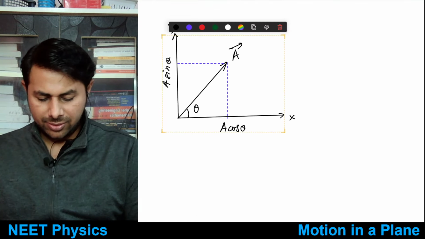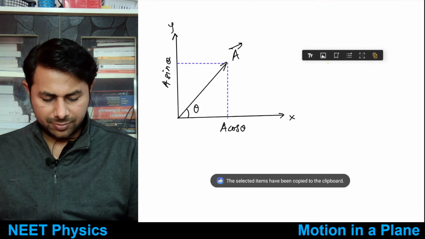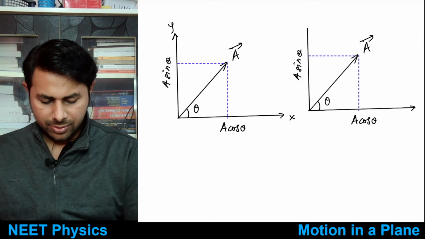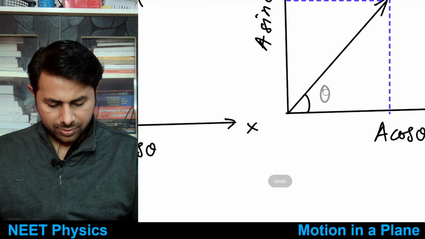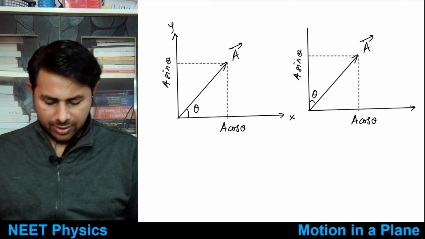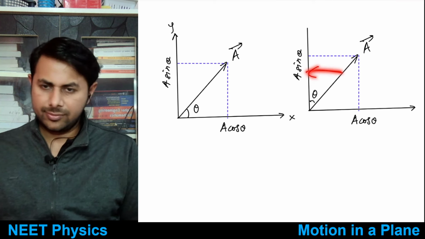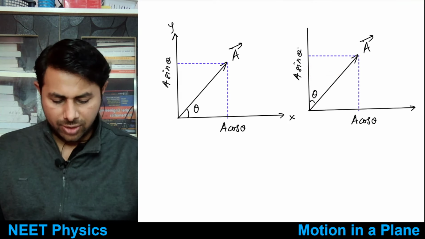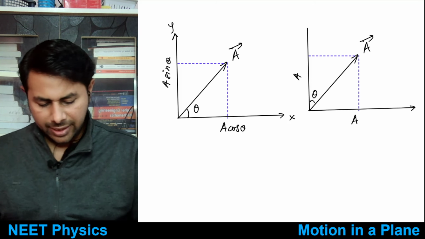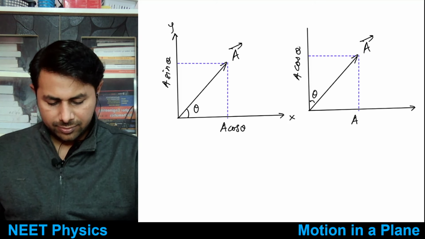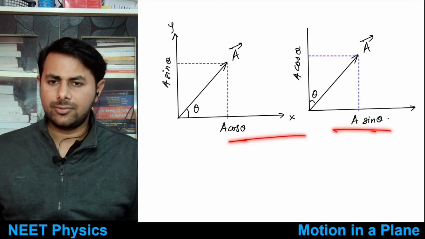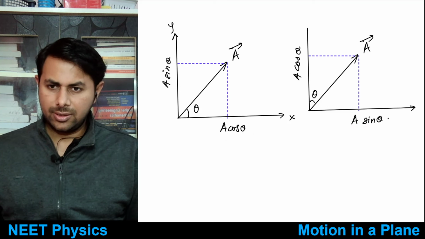Similarly now, if this angle is theta, then what will happen? Component through the angle is the cos component, so this one will be a cos theta and this one will be a sine theta. Okay, good.